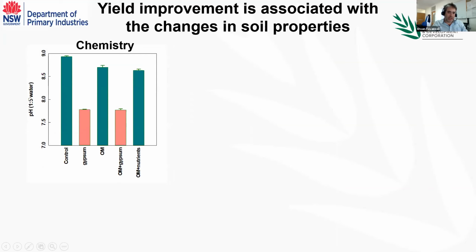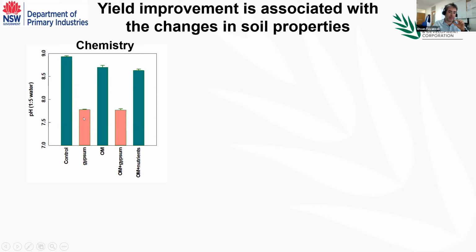And if I want to summarize what happened to the soil that we can see these differences, if you just look at the pH, remember the soil had a pH of about 9. When you add gypsum to this soil, the gypsum is reducing the pH quite significantly. So what you want to achieve here is to get rid of all the toxicity of the carbonate bicarbonate in this region, and by reducing the pH, you're also improving the dispersion. Then you add organic matter, but organic matter doesn't do anything with the pH.